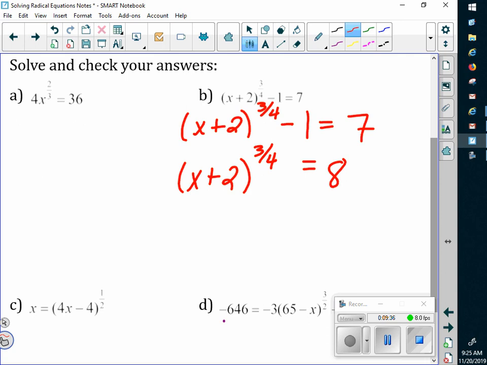What else do I have to do to isolate the stuff raised to the power? Nothing. Isn't the stuff raised to the power already isolated? Okay. So, what power do we raise both sides of this to? Yes. So you're going to do it like this. 4/3.